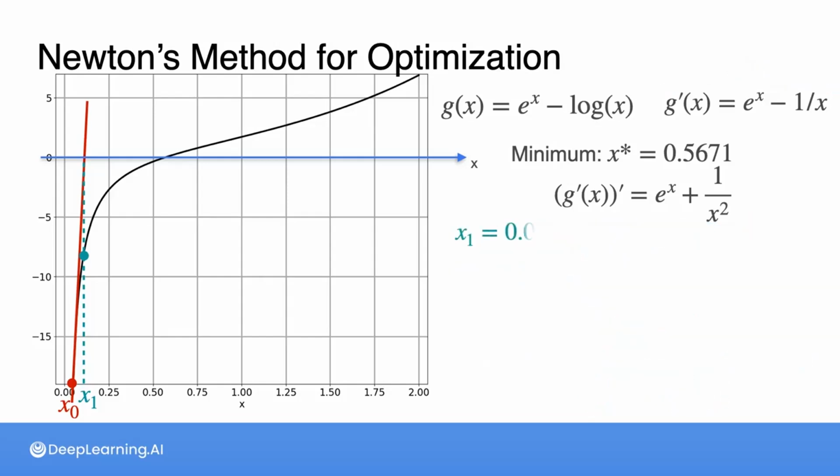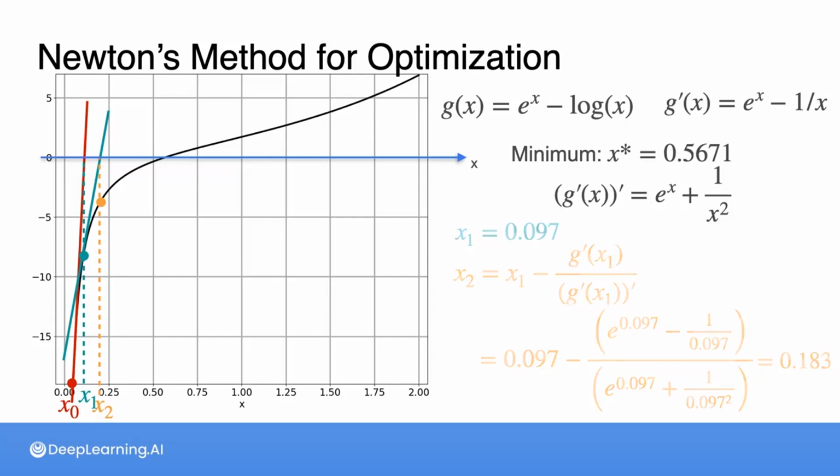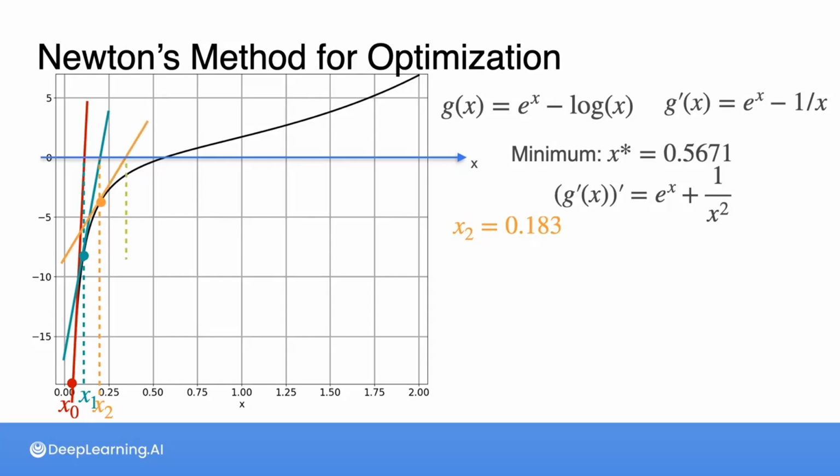So with x1, we're going to iterate again. We draw the tangent, see where it hits, and that's at a point x2. How do we calculate x2? By plugging in these values. So x2 is going to be 0.183. And again, we take the derivative, see where it hits 0, and that's our point x3.